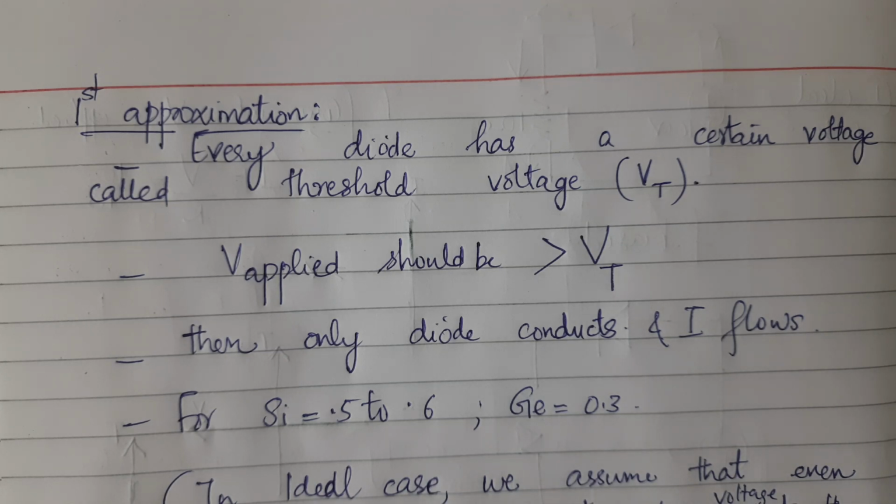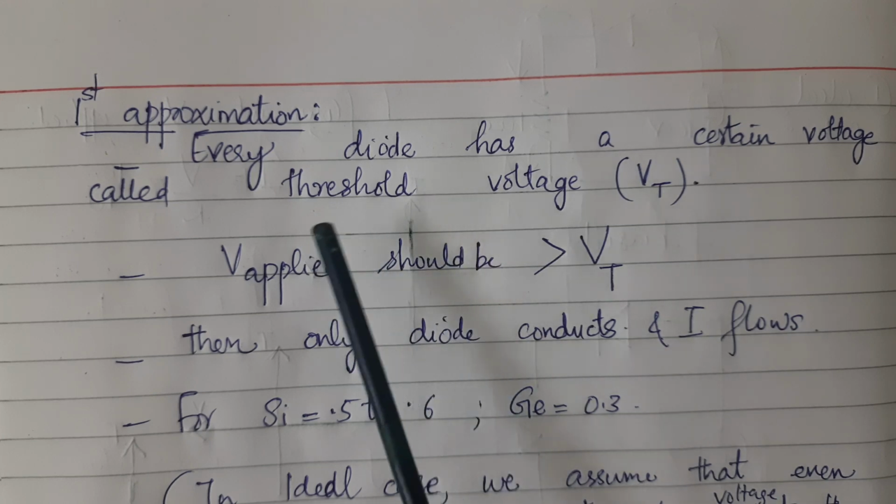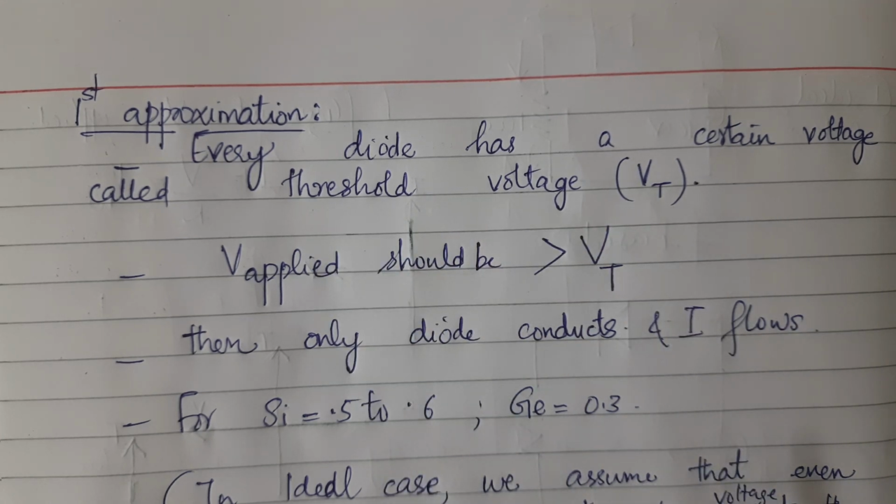So in the first approximation, we take into consideration the concept called threshold voltage, that is the minimum voltage above which the diode conducts, or the diode allows the current to pass.